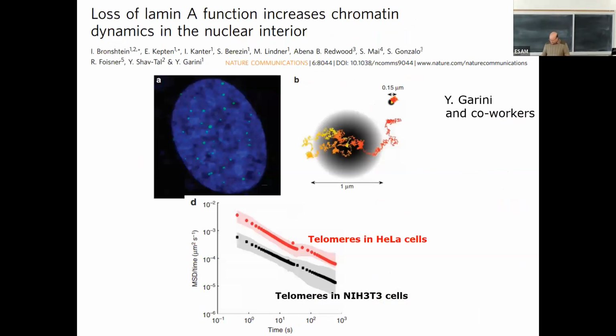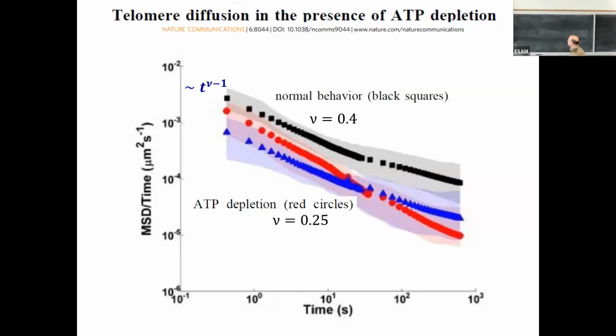Now, another source of information came from mammalian cells, and this is from Israel. Yuval Garini and co-workers, now at the Technion, but he was at Bar-Ilan University at that time. He looked at telomere motion in mammalian cells and found anomalous diffusion. The exponent, this is now divided by time.